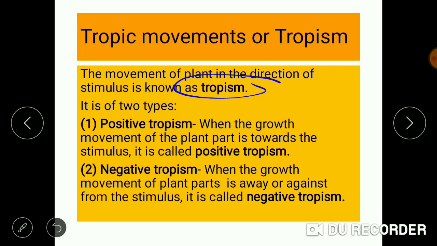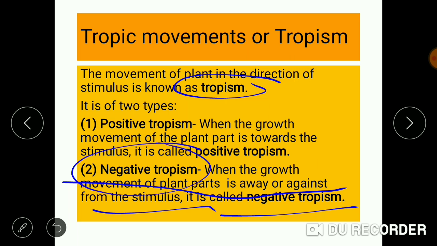When the growth of the plant part is away from the stimulus, it is considered negative tropism. For example, if a plant part moves towards the light, it shows positive tropism, while if it moves away from the light, it shows negative tropism.